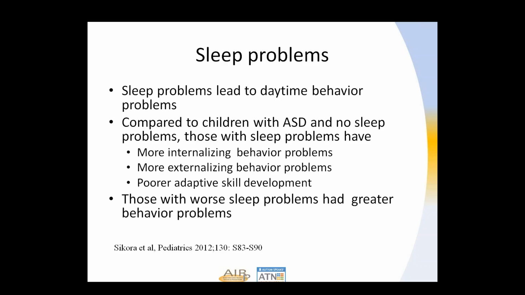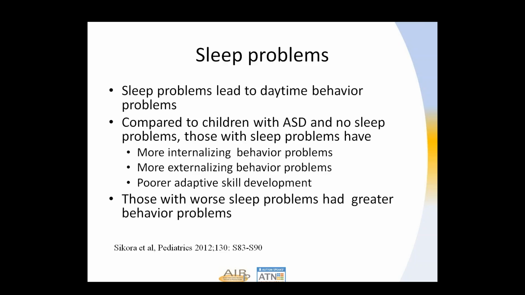What we do know from other studies of sleep problems in typically developing people is that sleep problems lead to daytime behavior problems. Compared to children with autism who have no sleep problems, children with autism and sleep problems have more internalizing behavior problems.